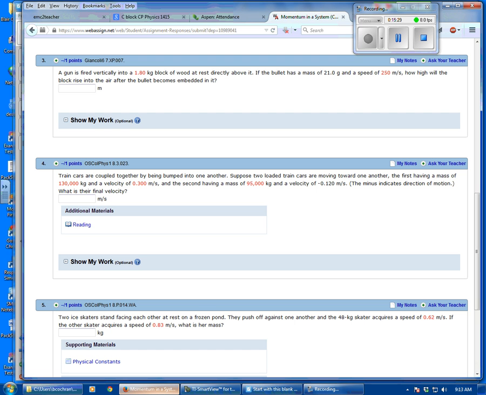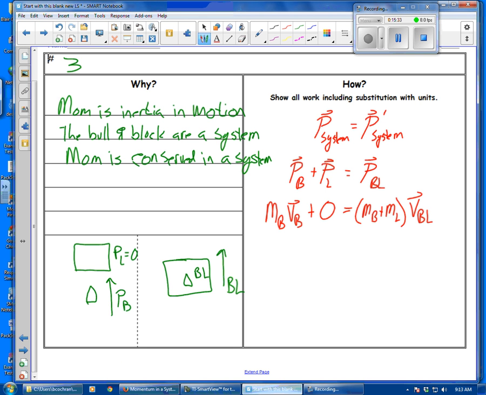So, looks like I can find the velocity. So let's see. This I said was 0.021 kilograms. Mine was moving at 250 meters per second. That equals 0.021 kilograms plus 1.80 kilograms times velocity BL.